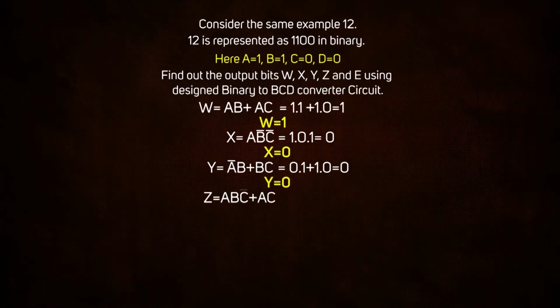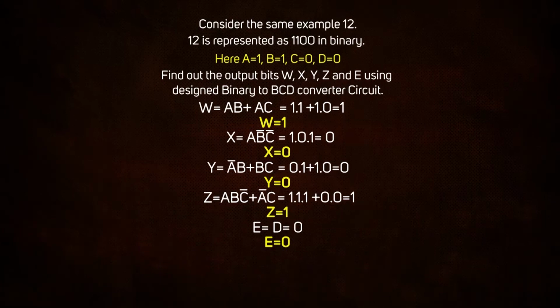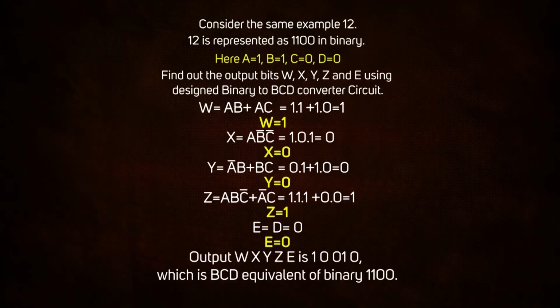Z equal to ABC complement plus A complement C, which is equal to 1.1.1 plus 0.0, that gives you the answer as 1, and E equal to D, which is equal to 0. Now, the output W, X, Y, Z, E is 10010, which is the BCD equivalent of the binary 1100. Hope that you are clear with binary to BCD converter circuit design. Similarly, we can design any code converters.